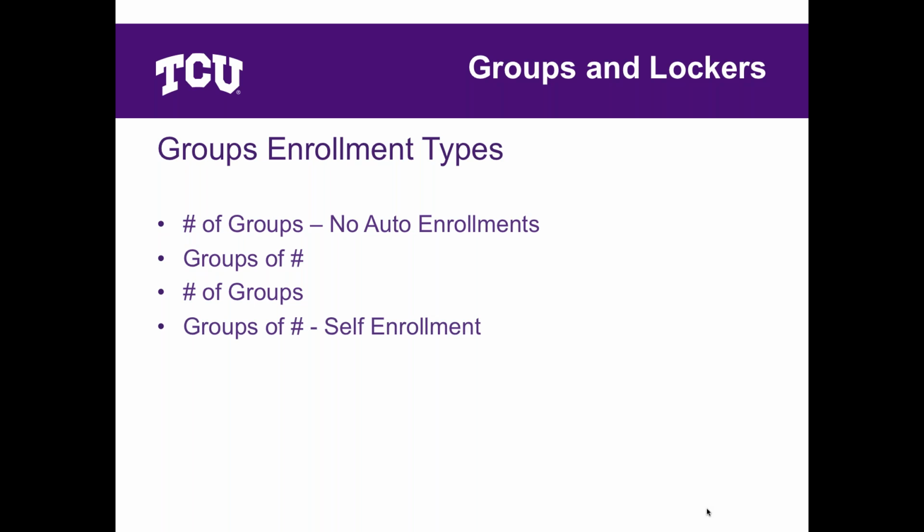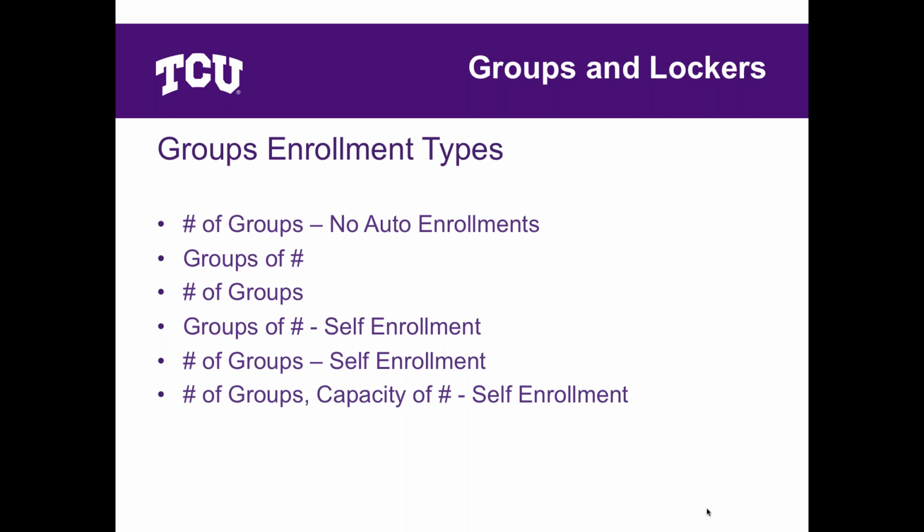You can also have groups of, I'll just use 2 again, with self-enrollment, so your students can pair up on their own and choose their partner. You can also set a number of groups, say 4 or 5, and they can choose their group. Then there's number of groups with a capacity of 2 or 5 or whatever, with self-enrollment.